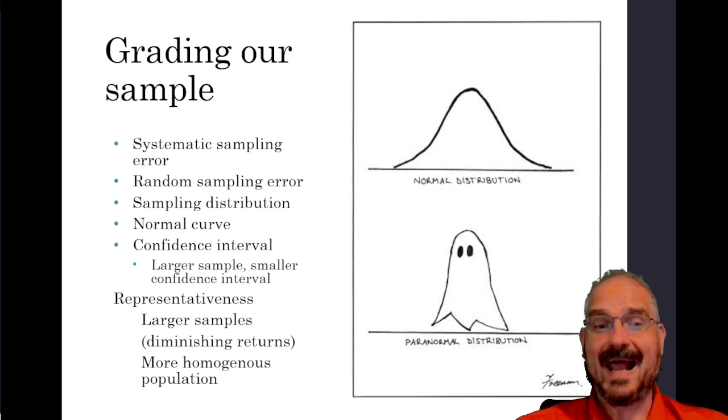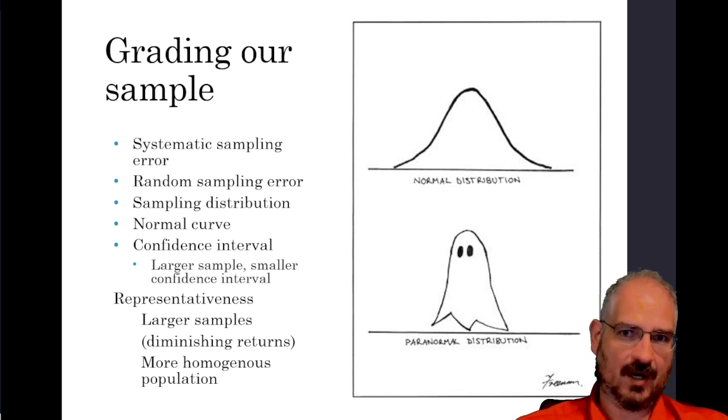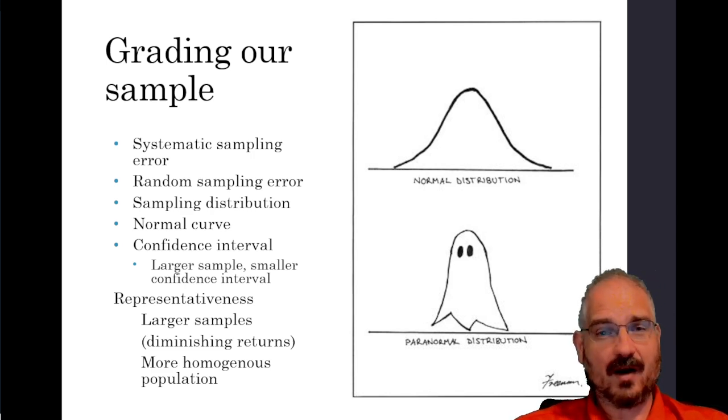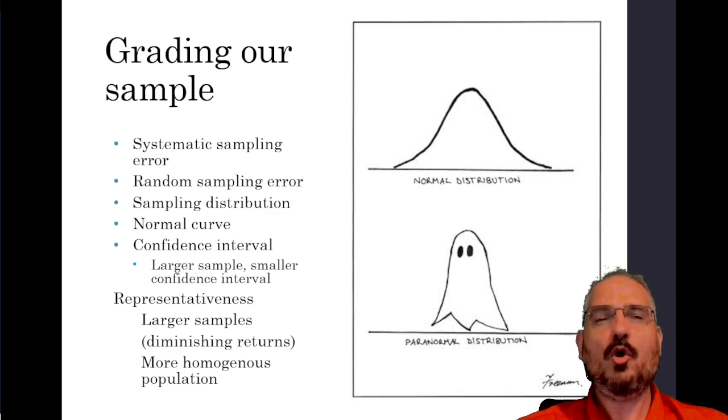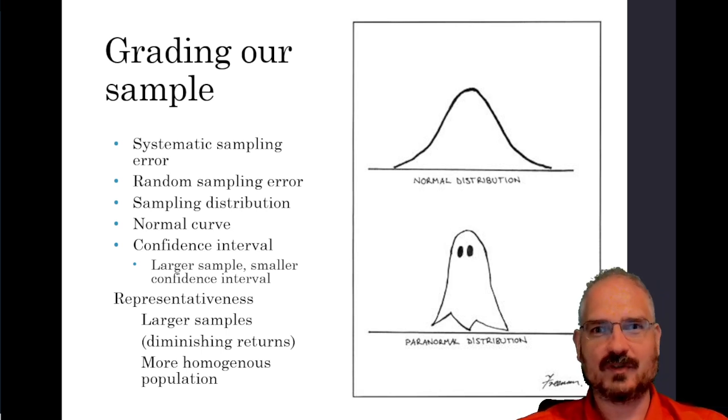There's the systematic error and there's random error. Once again, random error is definitely going to be there. But the good news is we can tell you probabilistically how close to reality, how close to the actual target population our sample got, right? Depending on the size of our sample.